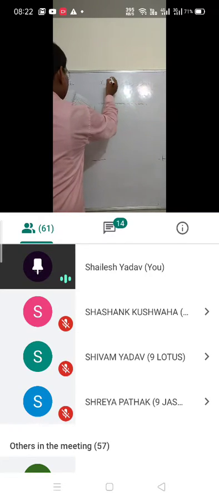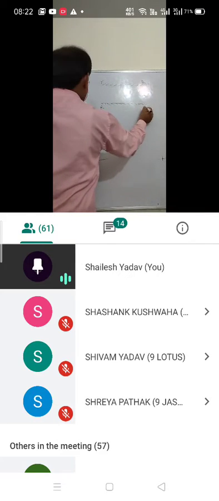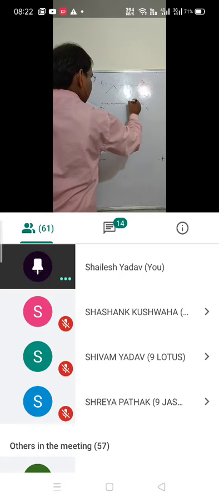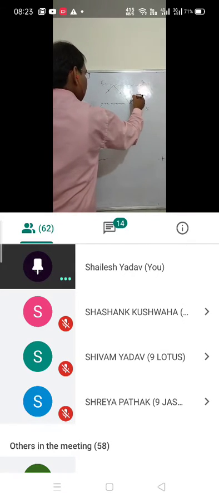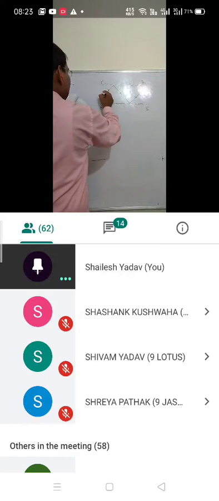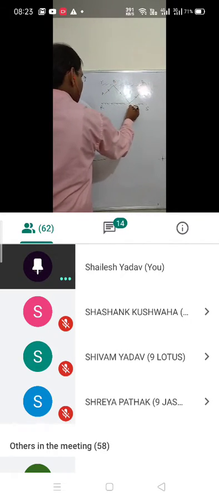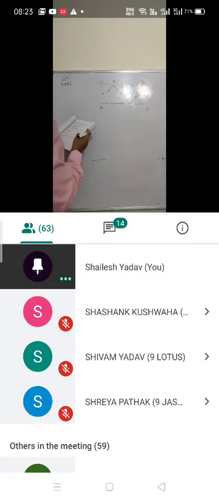It is given P, Q, here it is R, S, and it is given like this. Okay, so here this diagram is given. First I am going to read the statement.